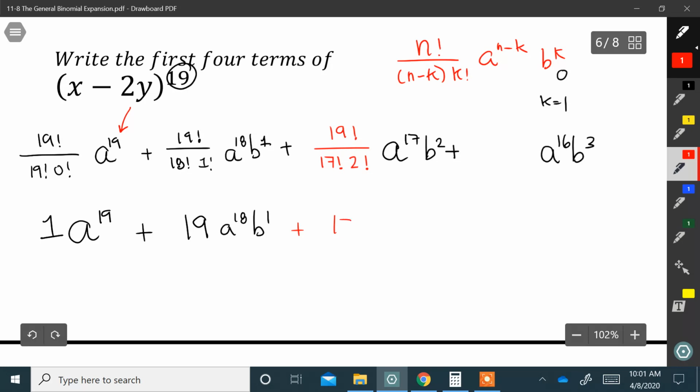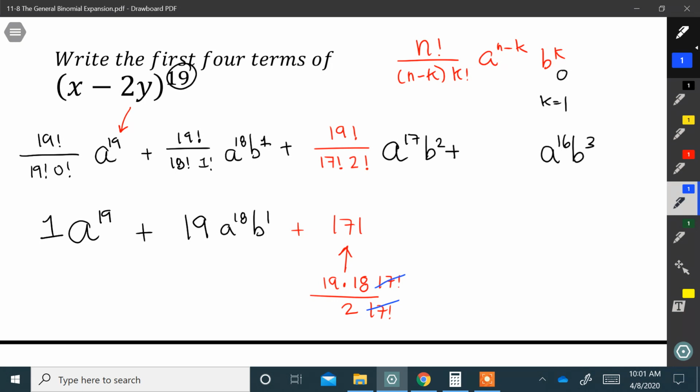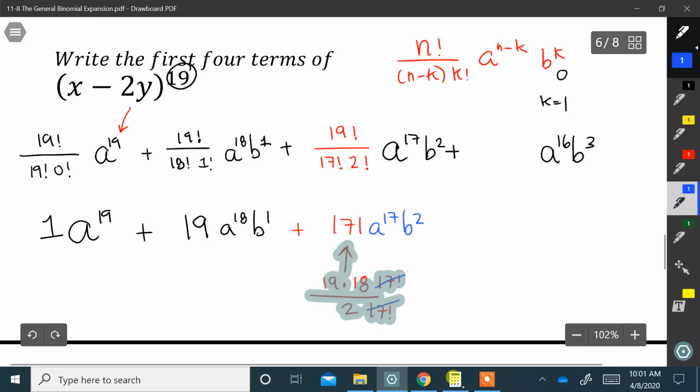That's 171. Remember, the 17 factorial cancels, so we don't have to put that in the equation. Let's move on.